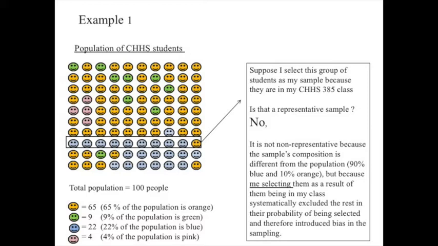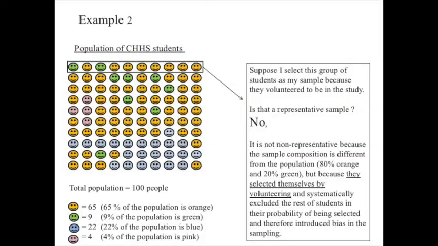Now, the sample is mostly these blue faces, but that has nothing to do with being representative or not. It's really different than the population, but it's not representative, not because of its composition, but because I selected them in a biased manner.